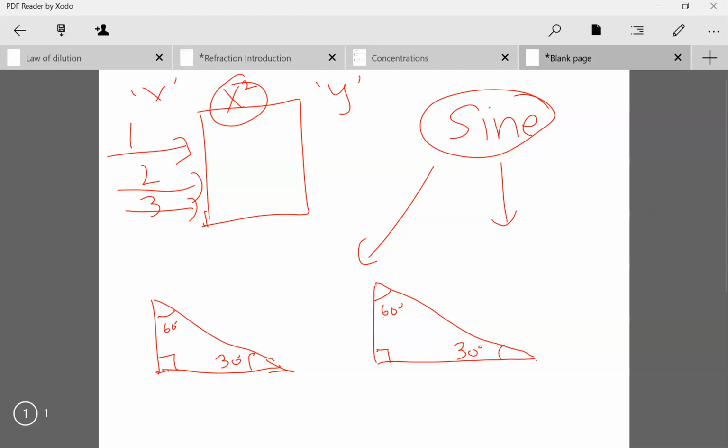In this triangle, hopefully we're also familiar with Pythagoras theorem, which says that a squared plus b squared equals c squared, where c is the hypotenuse, right?